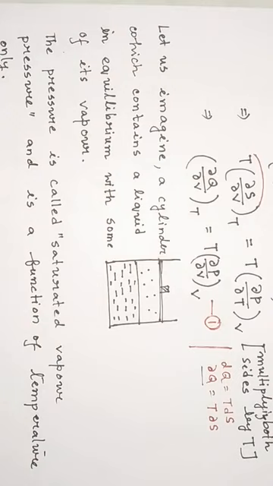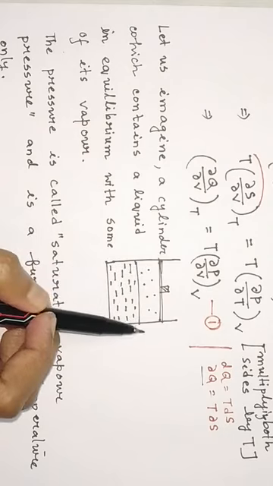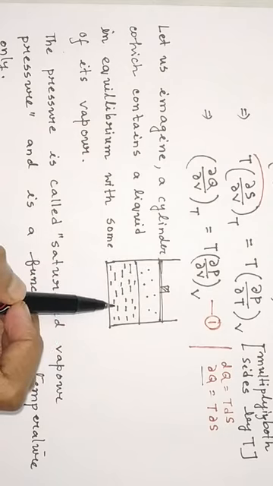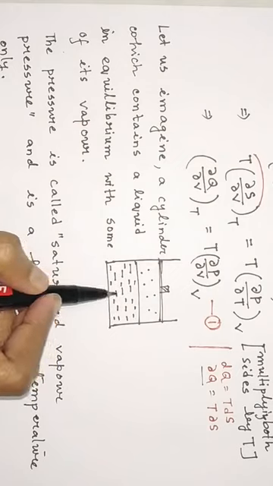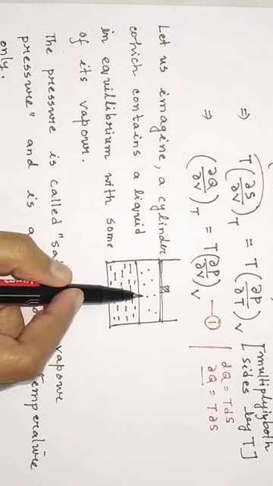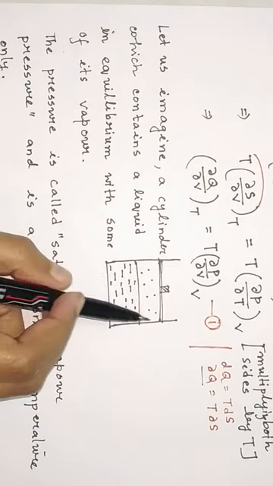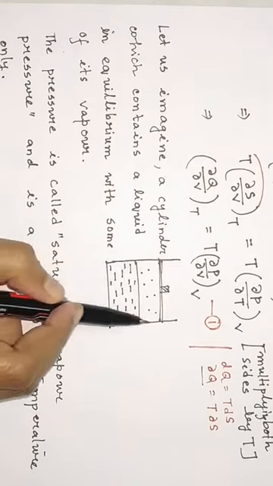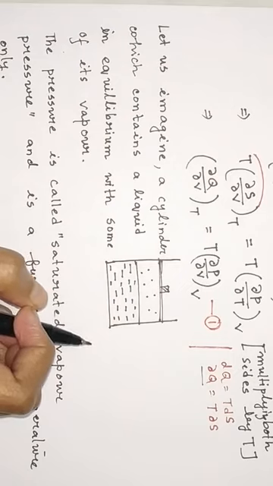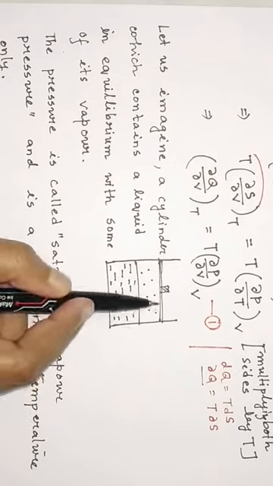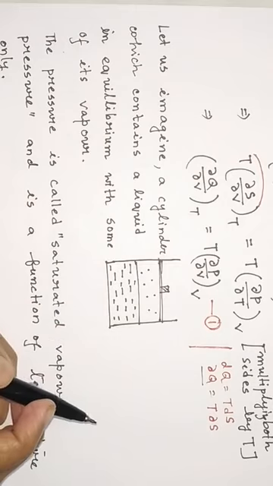So this space which is filled with vapor has the maximum amount of vapor. Because these two phases, the liquid and its vapor, are in equilibrium and in coexistence, this space is saturated with the vapor. That is, this space is holding the maximum amount of vapor it can hold.